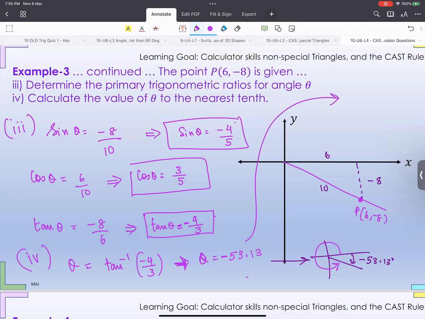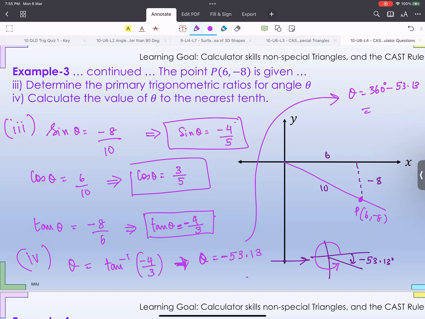So theta is 360 degrees take away 53.13. Sorry, I just typed something incorrect on my calculator. Bear with me a second.